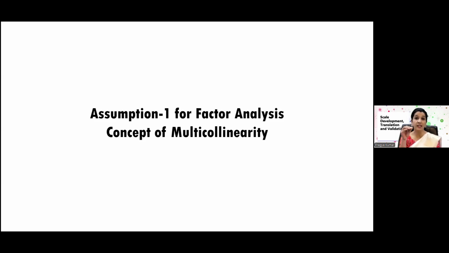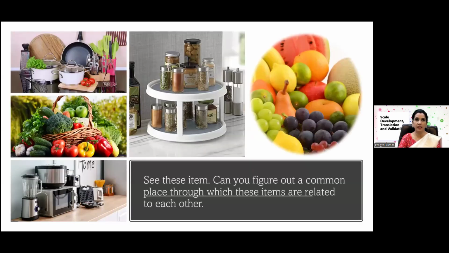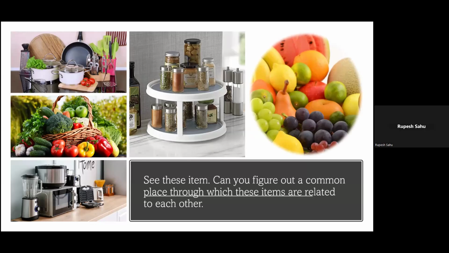So what is the null hypothesis in this case? Okay, before that, there are some pictures for you. If you see these items, can you figure out a common place through which all these items are related? Kitchen. Yes, right.